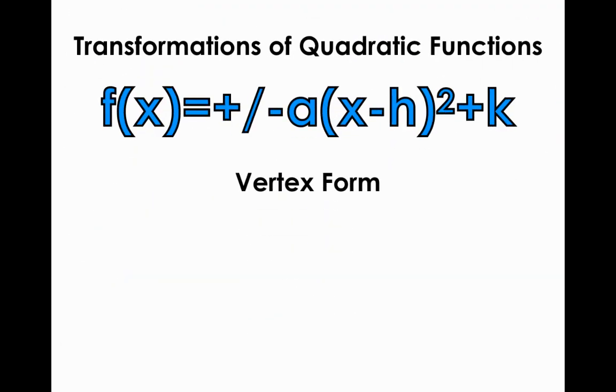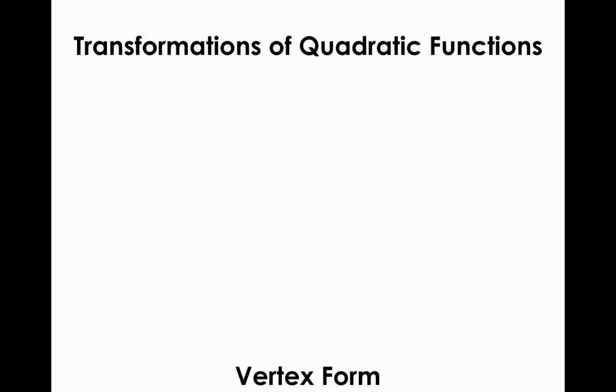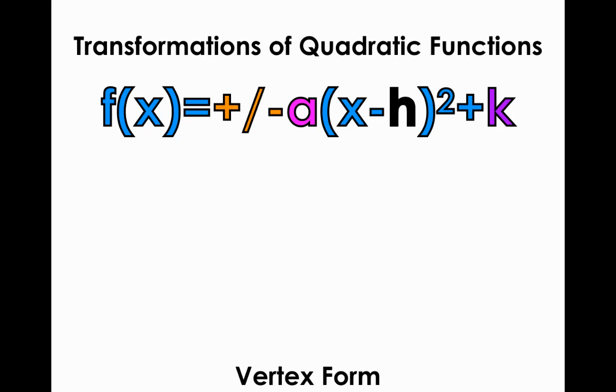So our vertex form is when we have that same equation. When we're in vertex form, f of x equals plus or minus a, x minus h squared plus k, this tells us some information. First of all, the plus or minus at the beginning is going to tell us about a reflection, and that's going to be a vertical reflection, up and down.